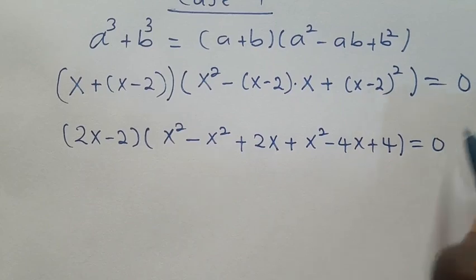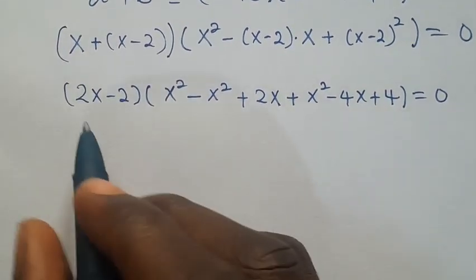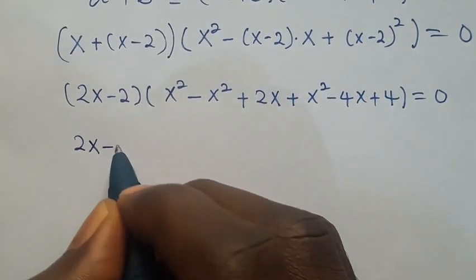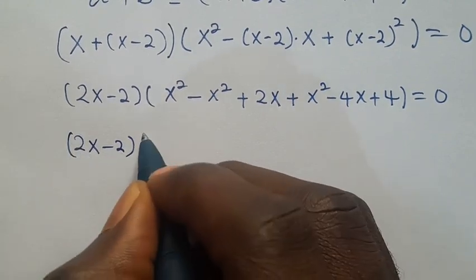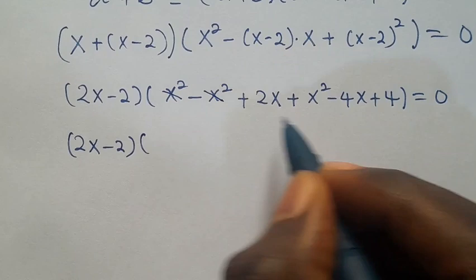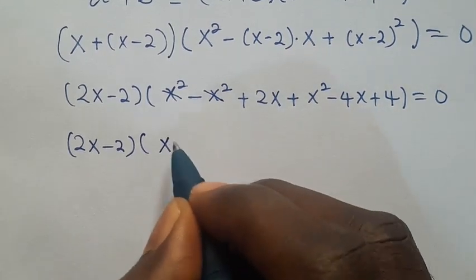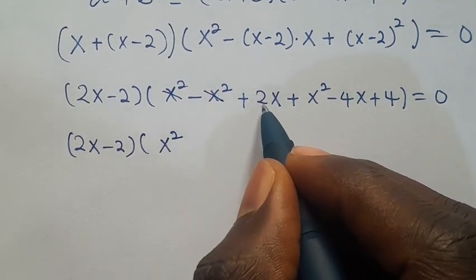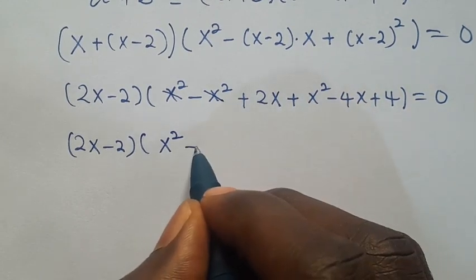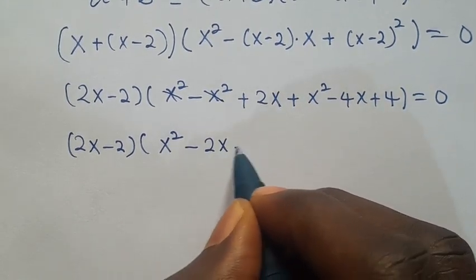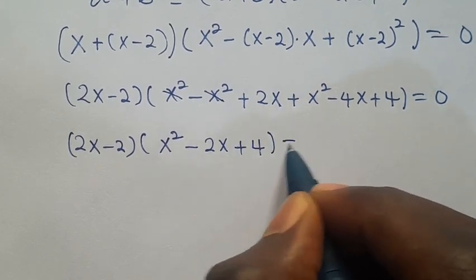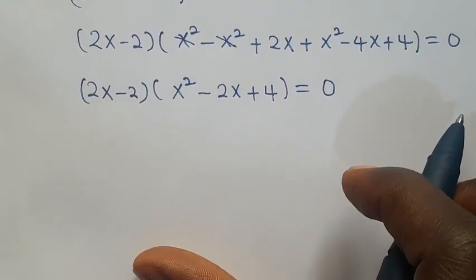We close it, equals 0. So from here we have (2x minus 2). Then here this and this will cancel. So we are going to have x square plus 2x minus 4x, then minus 2x plus 4, then equals 0.